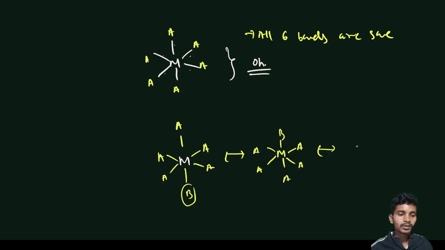So this is also fine. All are the same, because if you replace either here or here or here, all look the same, because all the 6 bonds are the same. And by changing the conformations, meaning the rotations without breaking bonds, the point group remains unchanged. So here the point group is whatever, here the same, here will be the same.